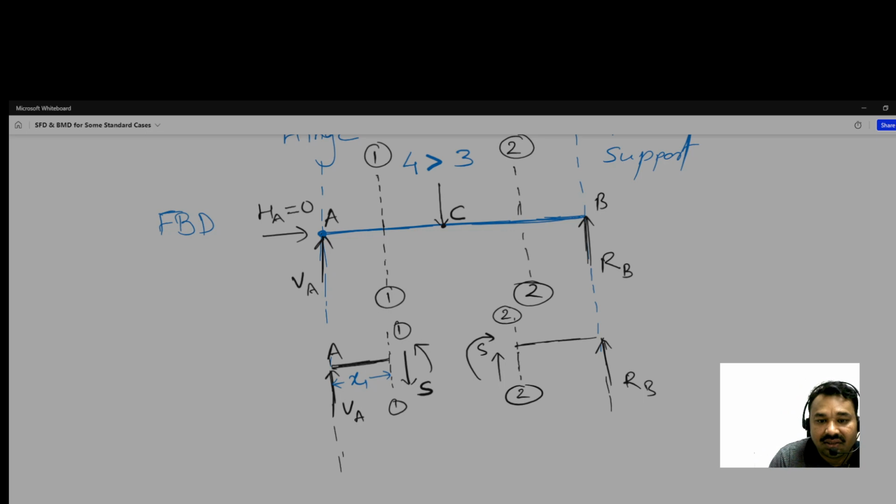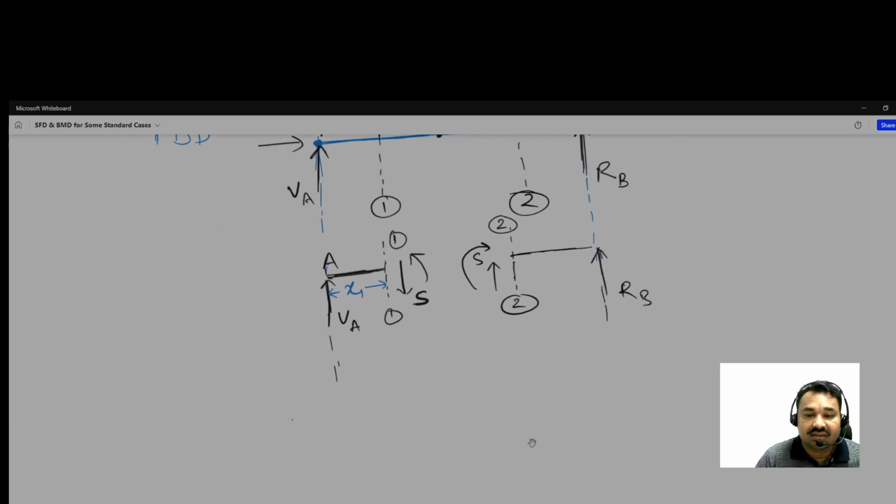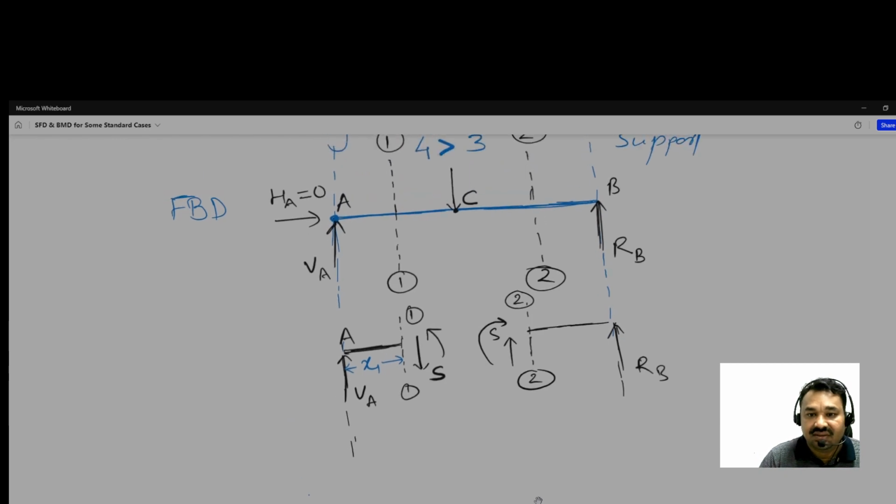This is the free body diagram, and this is the cut free body diagram. After cutting the section, separating, then we are going to analyze. तो इससे बहुत आसान हो जाएगा, ठीक है. And what about the reactions? The beam is symmetric, so what we will get: VA is equal to RB is equal to W by 2. Okay.